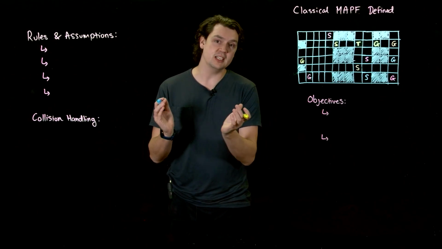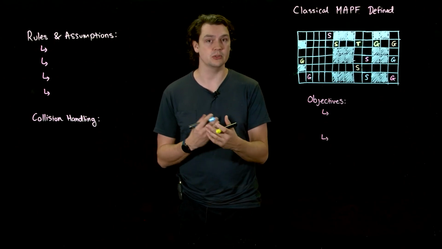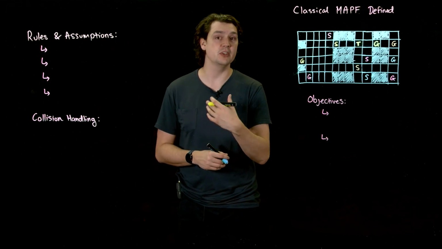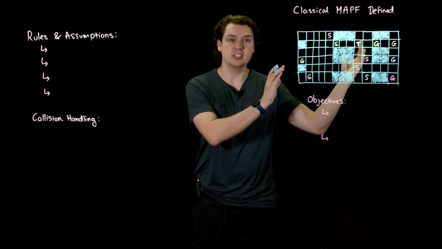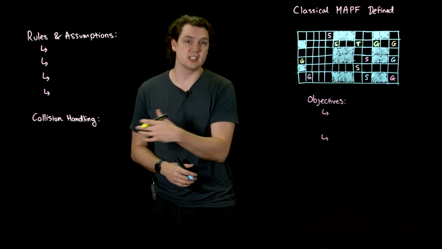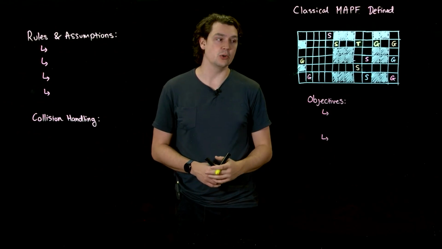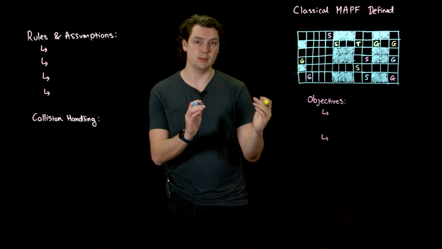And then we really need to define these terms, right? Because when you're trying to compare algorithms and also to see which ones kind of fit your target problem, well, we need to define some of the nomenclature as well as what actually is considered in the problem itself. So classical MAPF, as we're about to define, is a very, very simple bare bones problem.